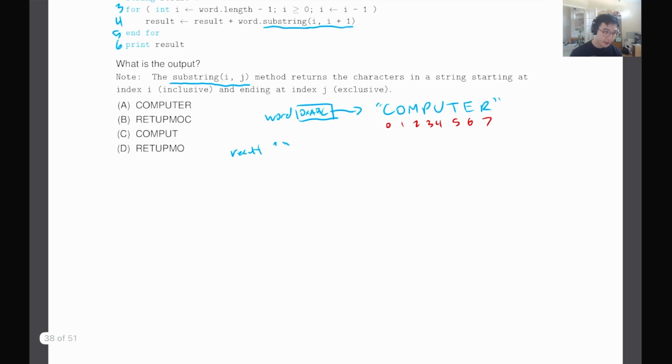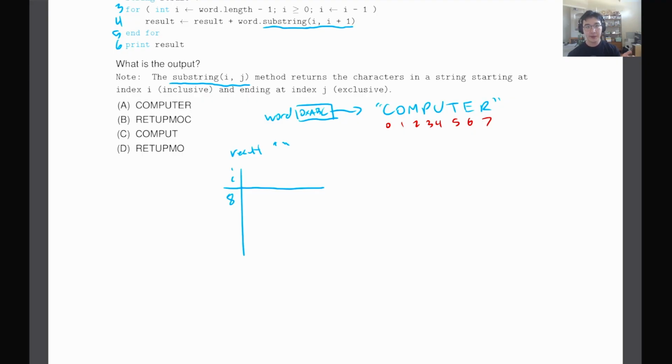Let's go here. So I have my table, i, and it says i is initially word.length minus 1. So what is the length of word? Well, it is 8. Okay, so i is initially 8. Now, careful, if you said 7, the last index is 7.